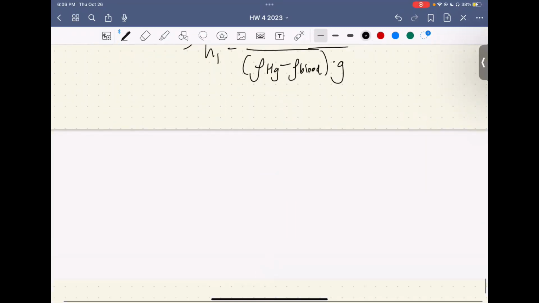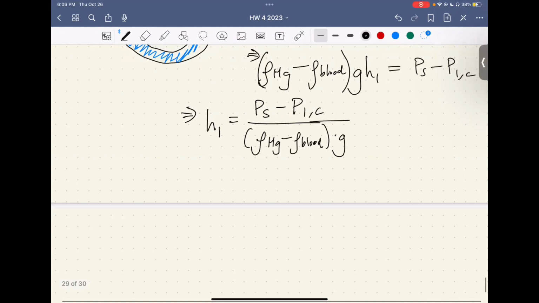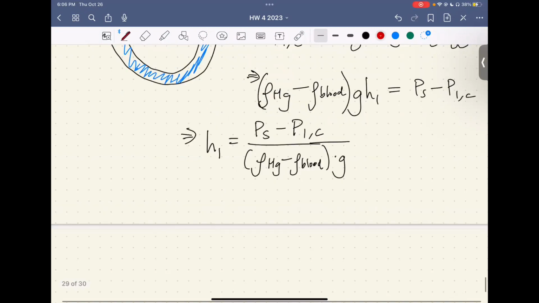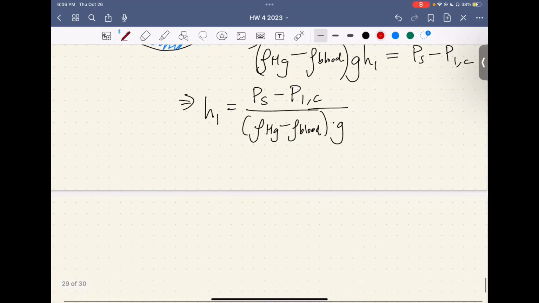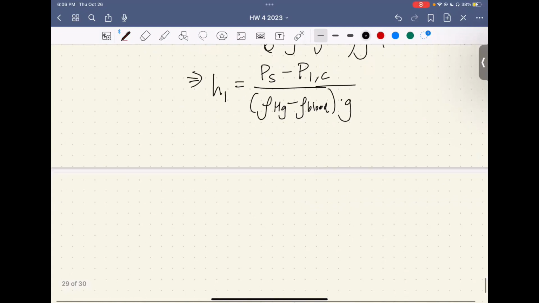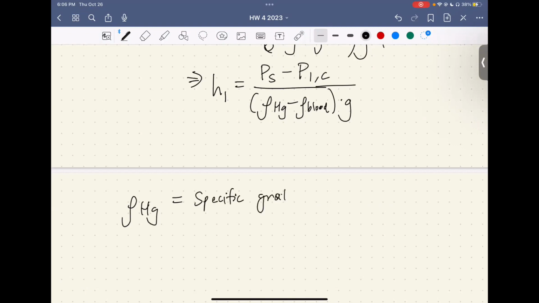Now, before you continue here, keep in mind that we are given our rhos in different units. Rho Hg is given in terms of specific gravity, 13.5.